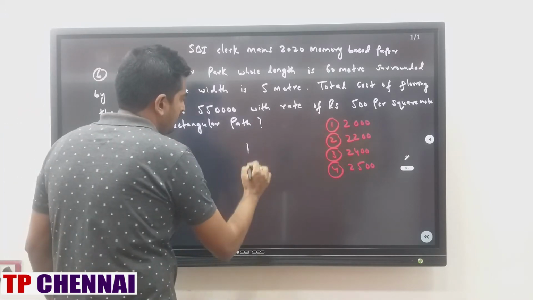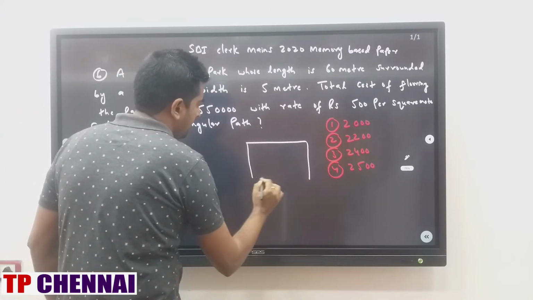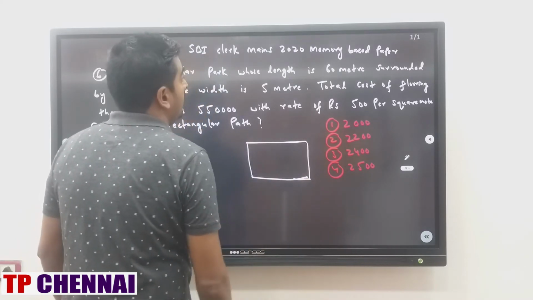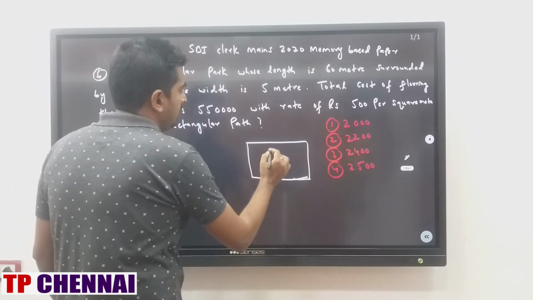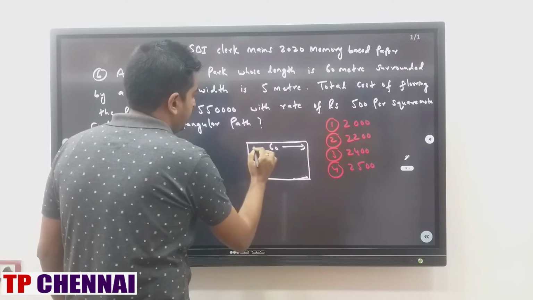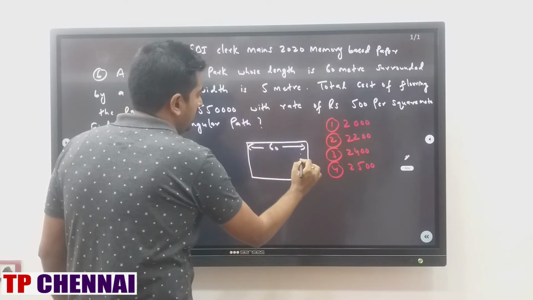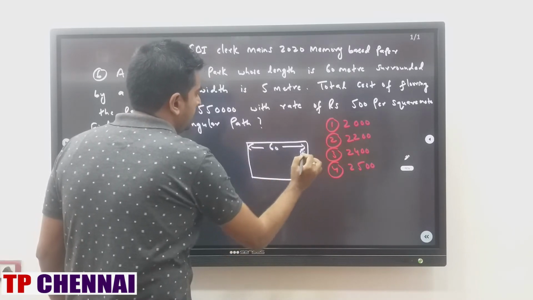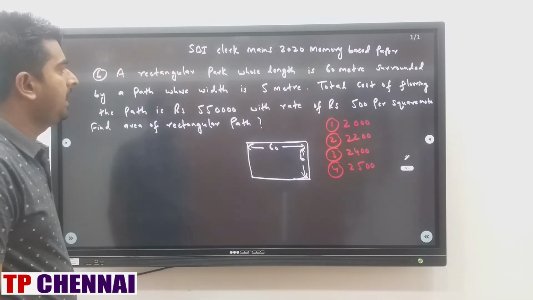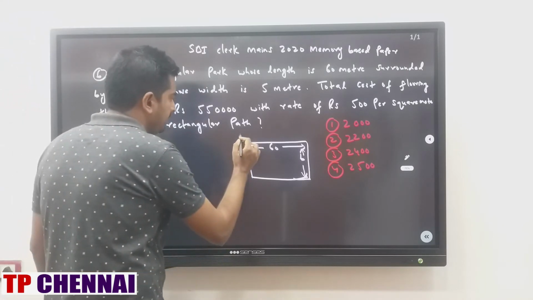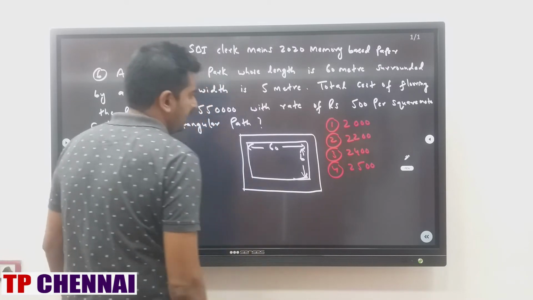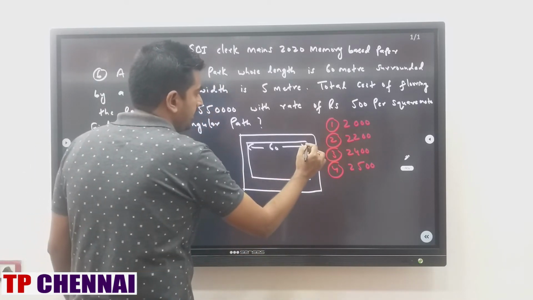So you have a rectangular path here, right? Length is 60. Width we don't know. Let me assume this is B. And it is surrounded by a path whose width is 5 meters.